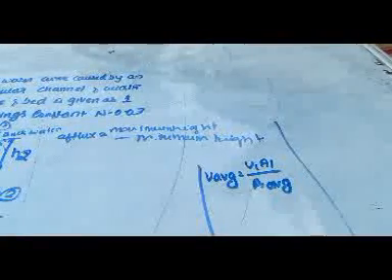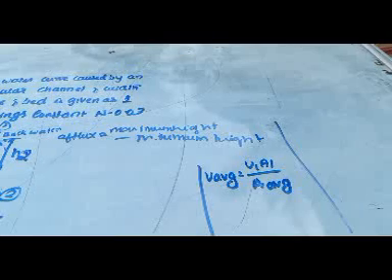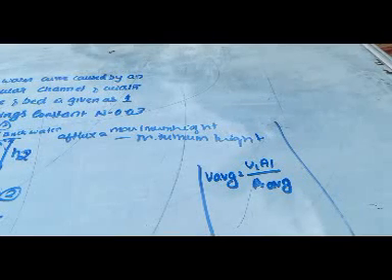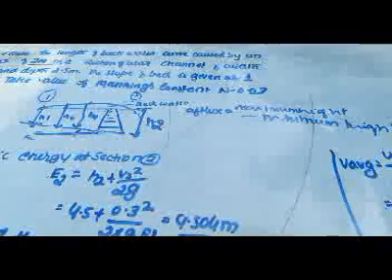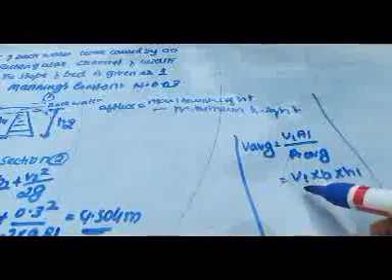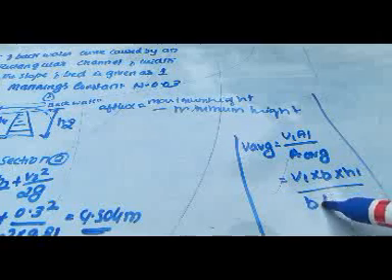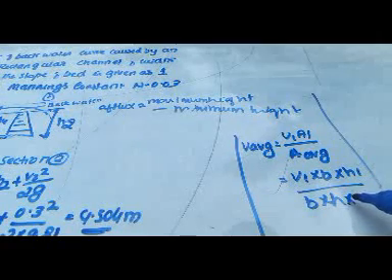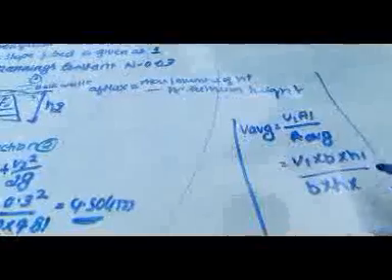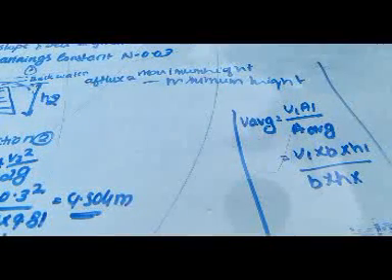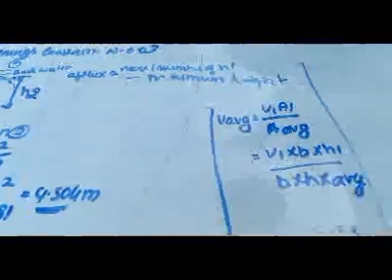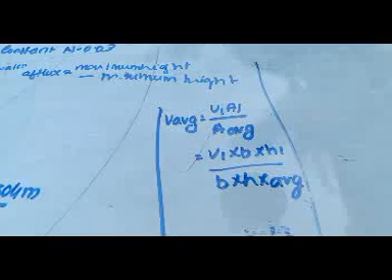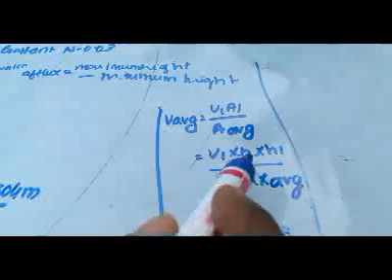We can write this as V1 into B into H1 divided by B into H average.